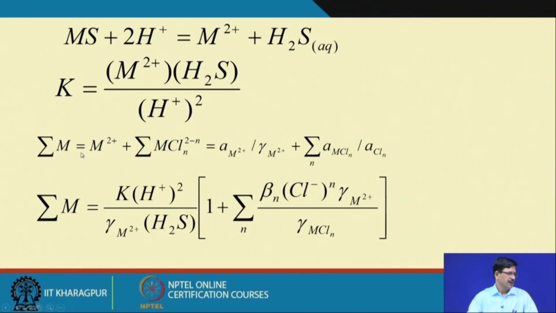So, here if we take a sulphide like just the reaction that I wrote for the sulphide like galena, which is MS plus 2H plus, is giving rise to a bivalent ion M2 plus and H2S aqueous.